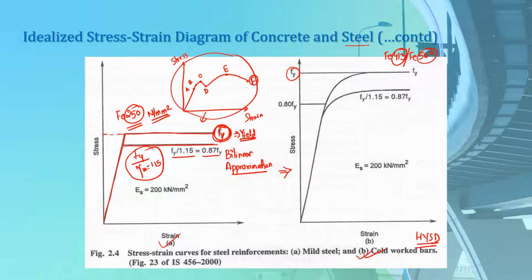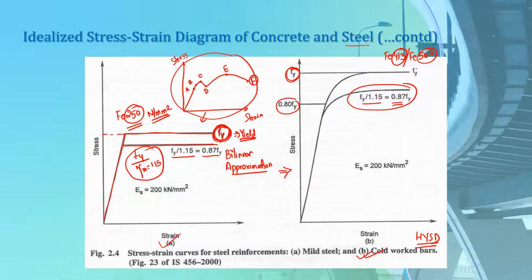So this value of Fy may be fixed for mild steel bars, but the value of Fy for these cold twisted bars may vary a little. So what we do for these cold twisted bars is that we use this approximate design curve Fy over 1.15, which again comes out equal to 0.87 Fy, for a value of Fy between 0.80 Fy and the total Fy.